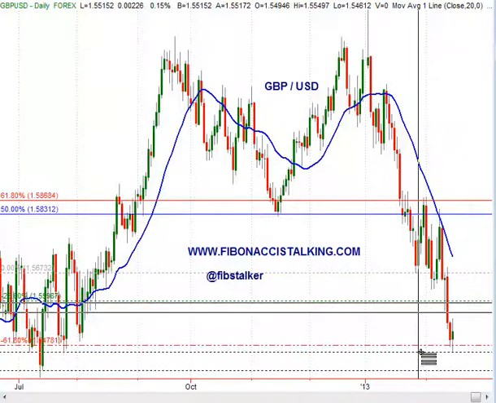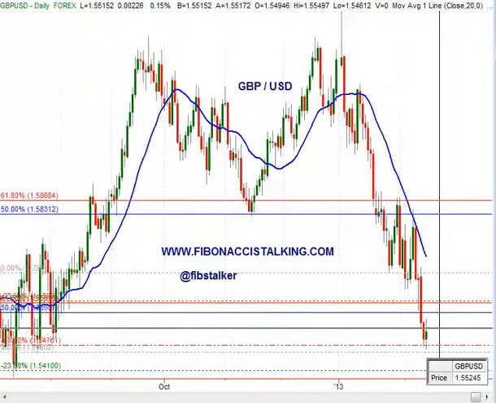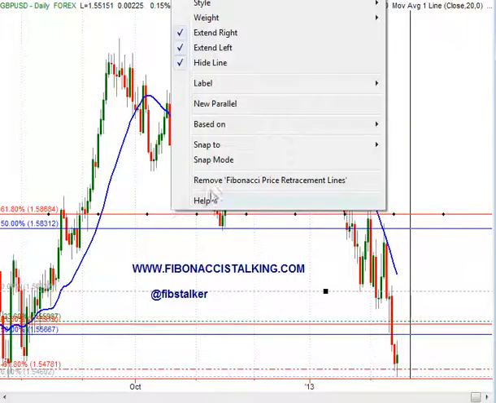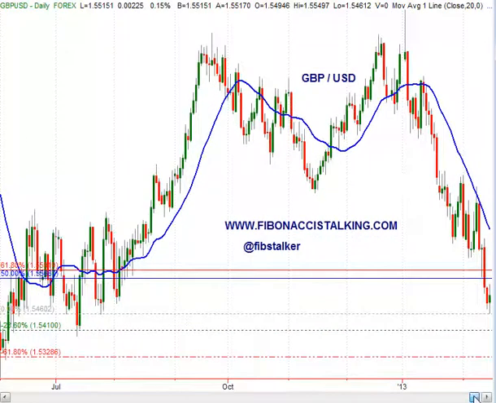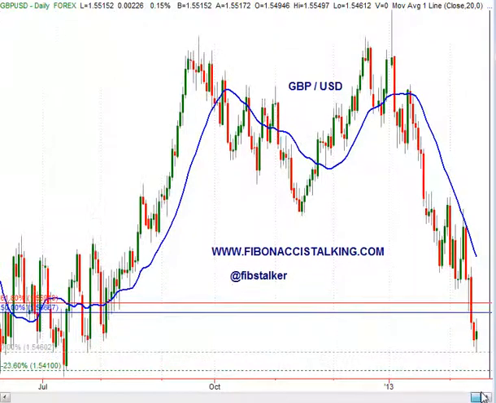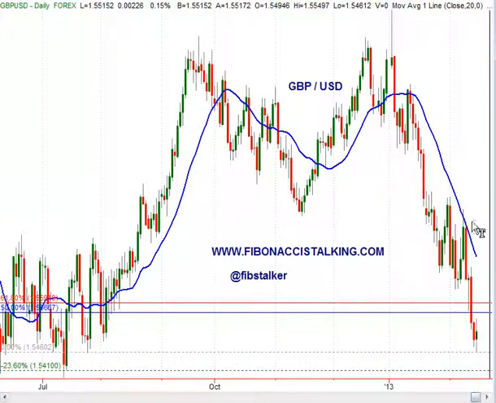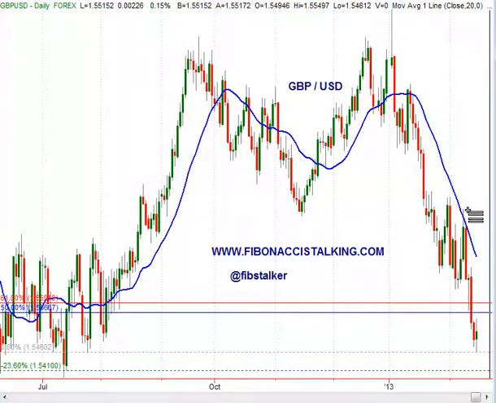This pair could continue trading in extensions, in which case you could take a shot in the 155.60 area with a stop above the 156 area, and the first target would be right in that 154.20 area, and the second target will be in the 153.40 area here. So that's the first setup we could see.